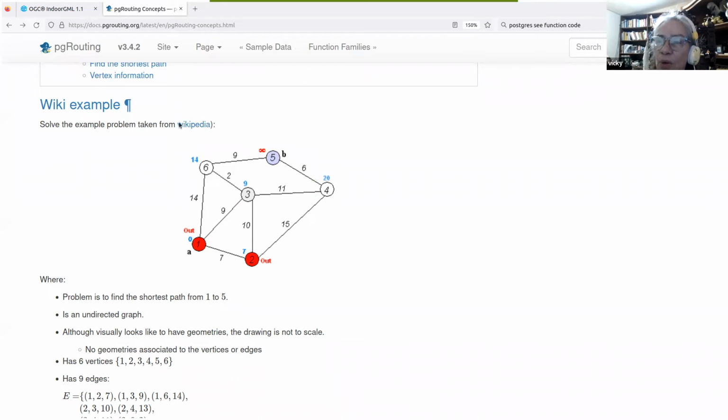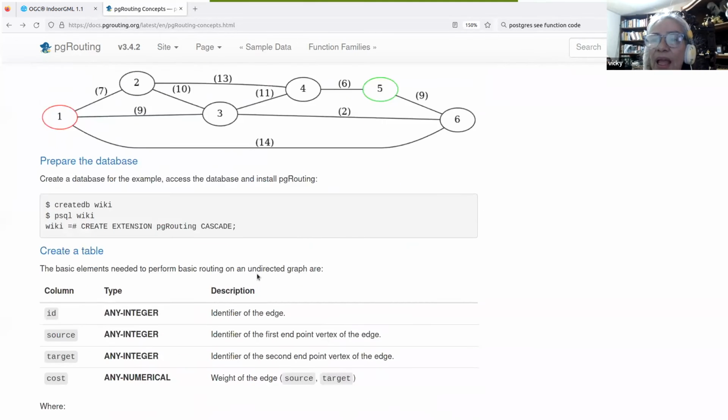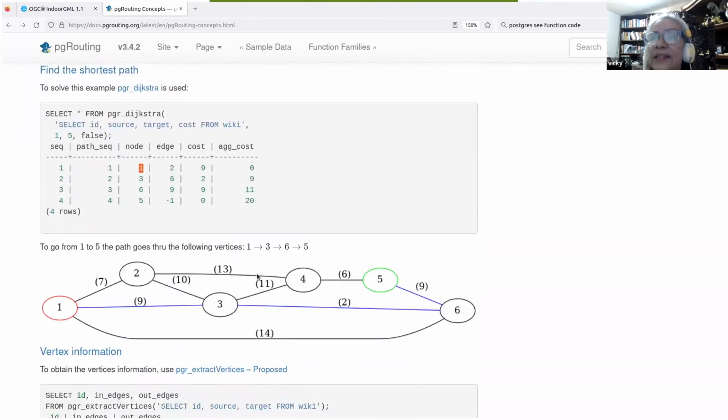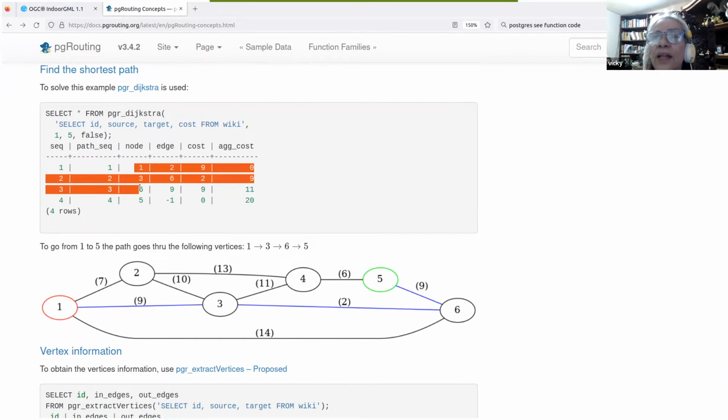At the end, when it finishes, it will show again that this is the route. And you can find it in two ways, by a sequence of nodes and a sequence of edges. It's going to be edge 2, edge 6, and edge 9. This is edge 2, this is edge 6, this is edge 9. Okay.